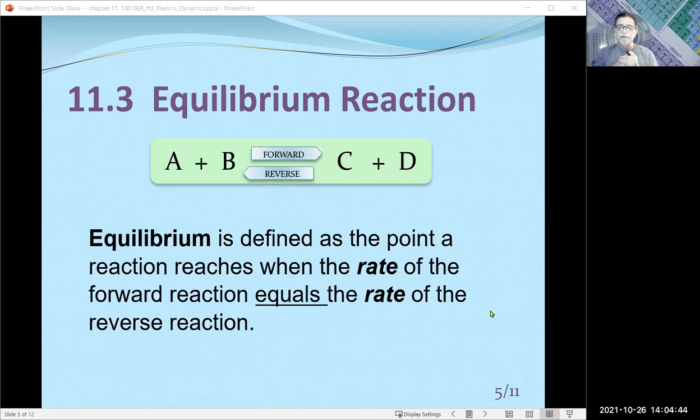Very analogous to those compounds that are insoluble. Remember, we classify them with some ions in solution, but the bulk of it's still together. This is analogous to that. But in essence, the takeaway here is that the rate of the forward reaction equals the rate of the reverse reaction.